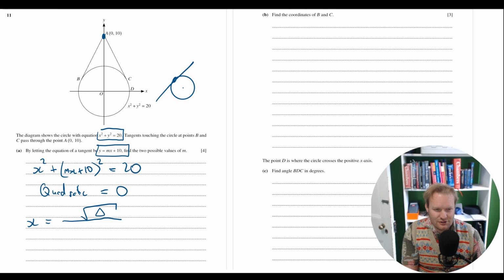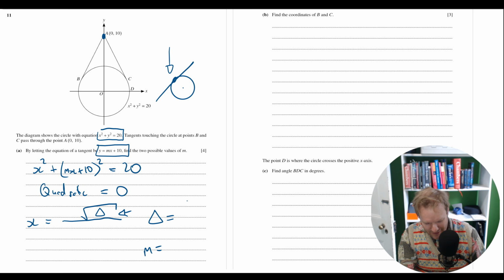Now, we already said there's only one solution. So therefore, we know we can make a statement about our discriminant, and therefore we can work out what our values of m are, and they're clearly going to be 2, and they're related to each other because of this lovely symmetry going on. Okay, so there are some ideas without all the algebra detail. I can fill that in easily, right?